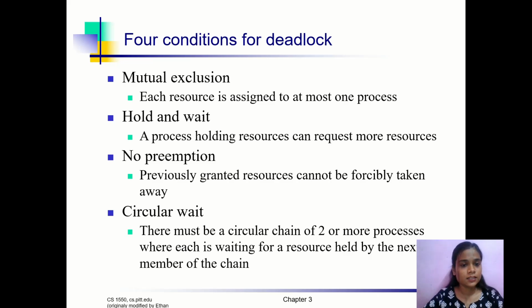And third is no preemption. Previously granted resources cannot be forcibly taken away. In the circular wait condition, there must be a circular chain of two or more processes where each is waiting for a resource held by the next member of the chain.